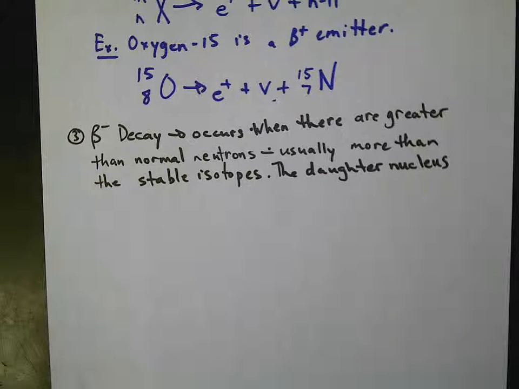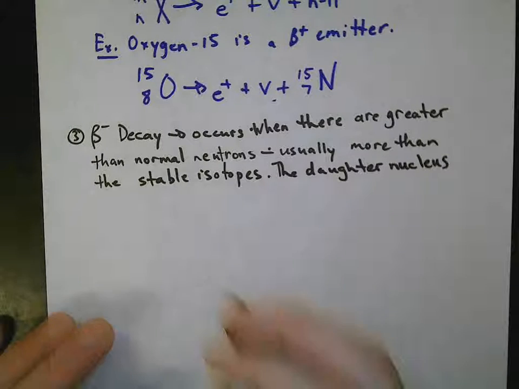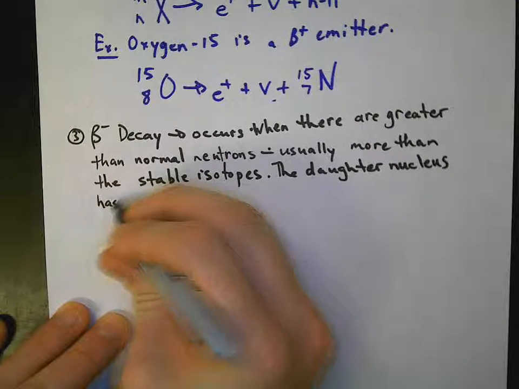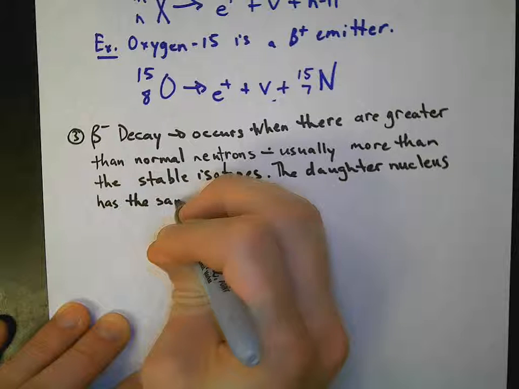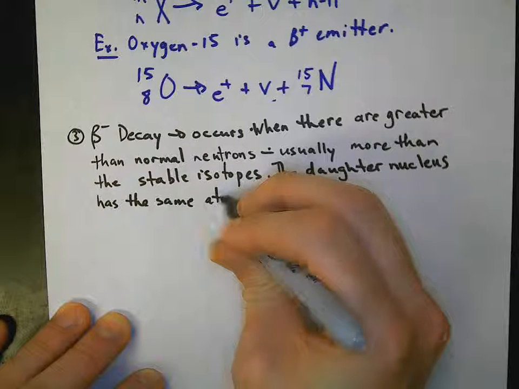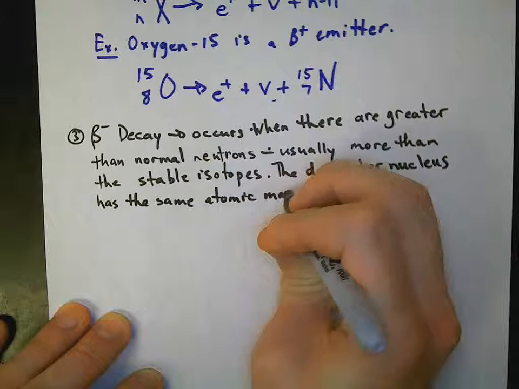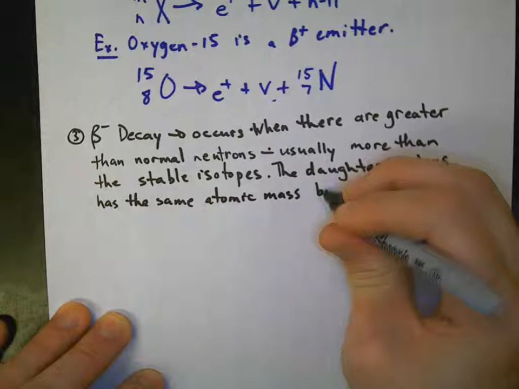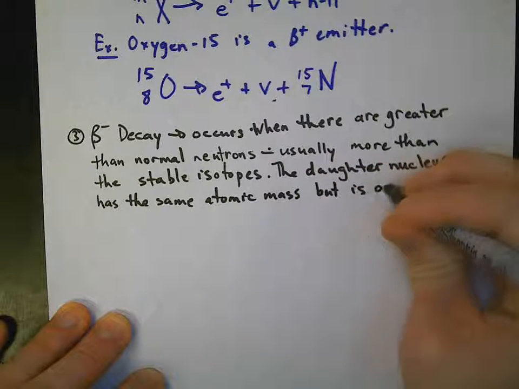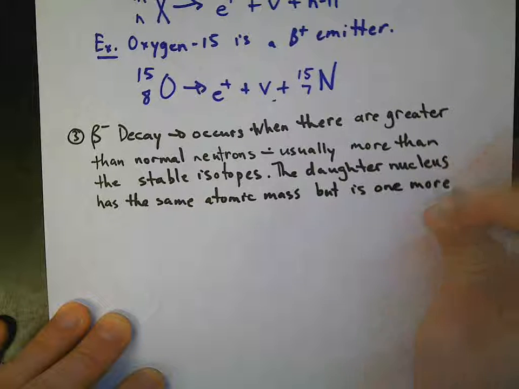So the daughter nucleus has the same atomic mass, but is one more atomic number.